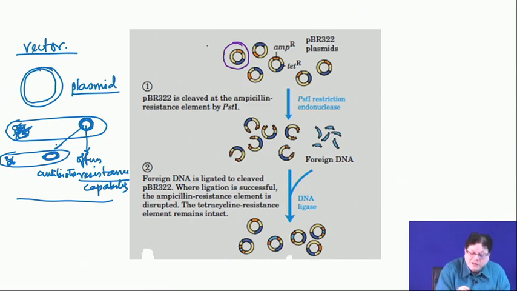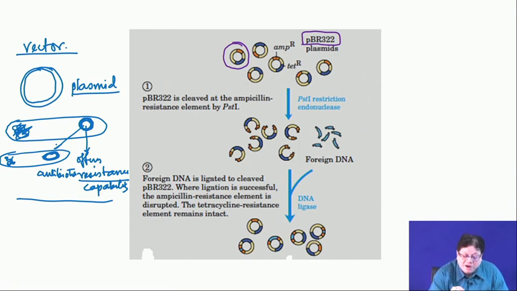Okay. Like let us take this one, called pBR322. This pBR322 plasmid has two genes: one gene confers resistance to ampicillin, which is a penicillin, and another gene confers resistance to tetracycline.